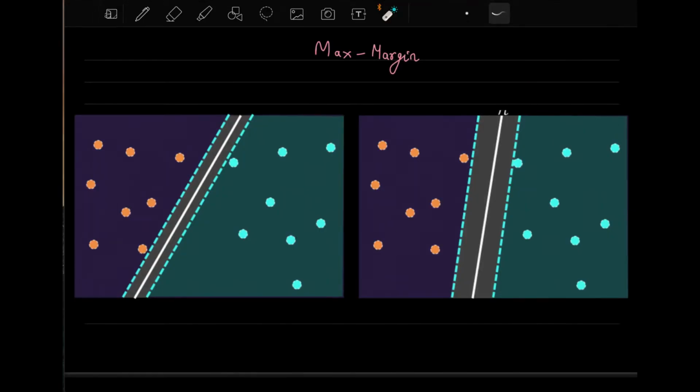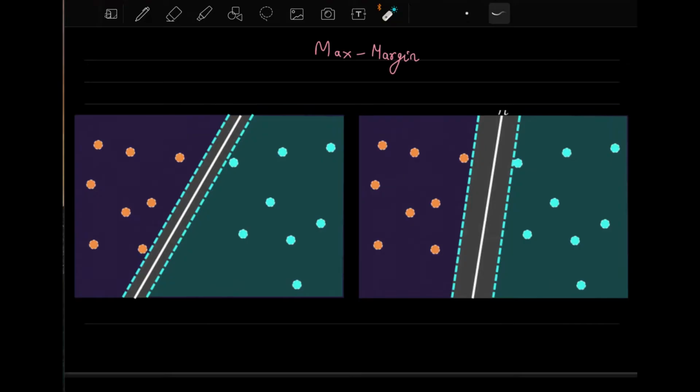But can you tell me, by looking at these two figures, which one is the best one? Second one. Yeah, the second one is the best, and the reason is quite obvious. The data sets are the same; in both cases the distribution of the data set is the same, and the points over here are similarly located on this side also. So there is no change in the data set distribution.